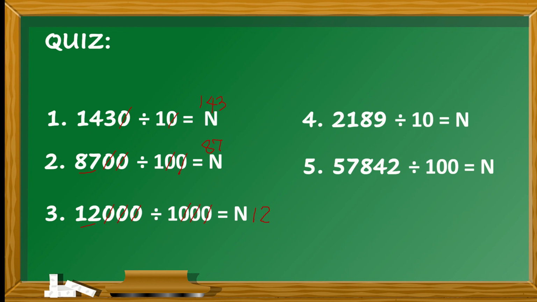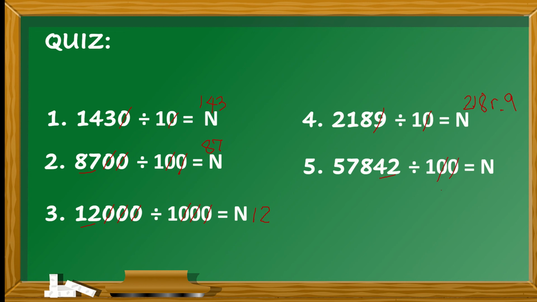For number 4, we have 1 0. So, the answer here is 218. Remainder 9. Kasi hindi siya 0 dito. Meron siyang number dito na nakalagay. Then dito is 0, 0, dalawa.